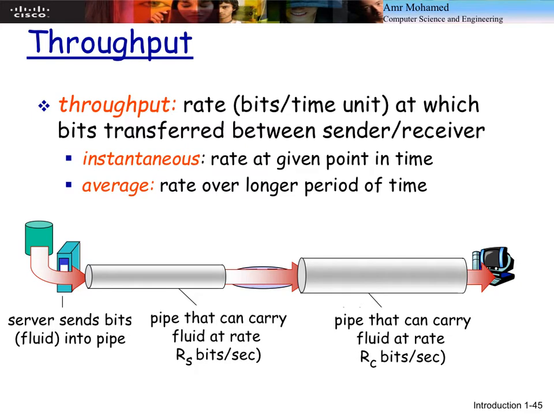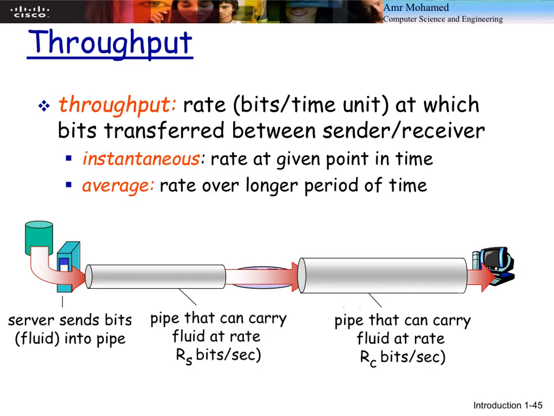So today we'll start talking about the throughput, and the throughput is a very important metric that calculates the rate in terms of bits per time unit. Time unit is mainly a second, so bits per second. So how many bits per second is transferred between the sender and the receiver, end to end, okay?